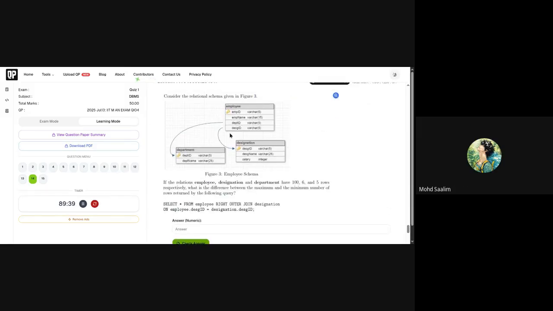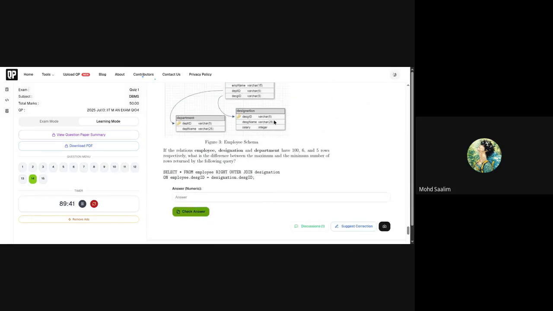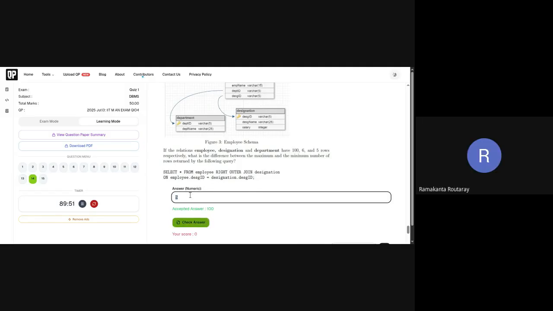Two questions left. I think we discussed this in detail, right? It is asking the difference between the maximum and the minimum number of rows. It is 5, right? 100, zero. The difference between the maximum and the minimum: maximum is 105 and minimum is 5.